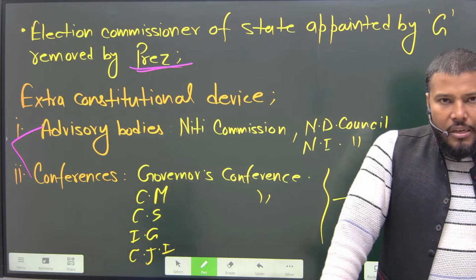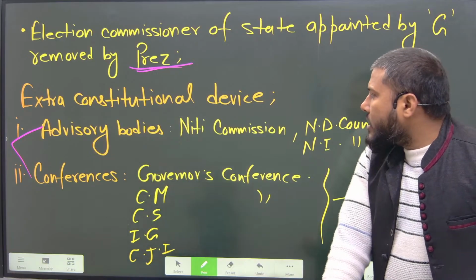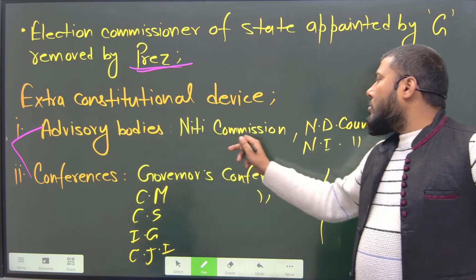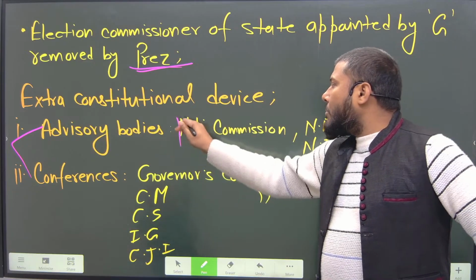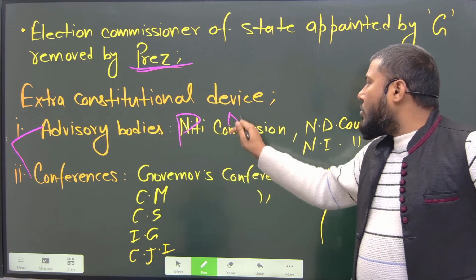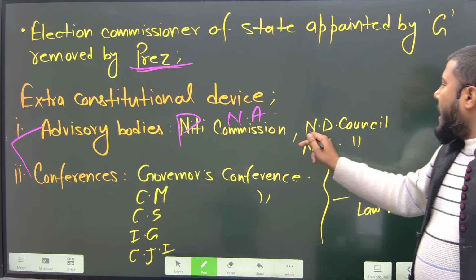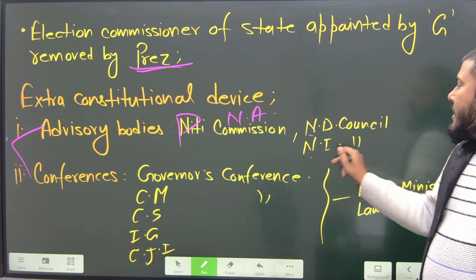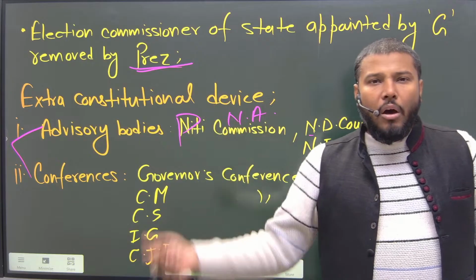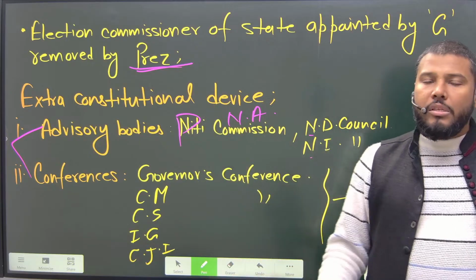If we talk about the advisory bodies, you see the Niti Aayog, the erstwhile Planning Commission, now Niti Aayog, National Development Council, National Integration Council. There are so many advisory bodies.